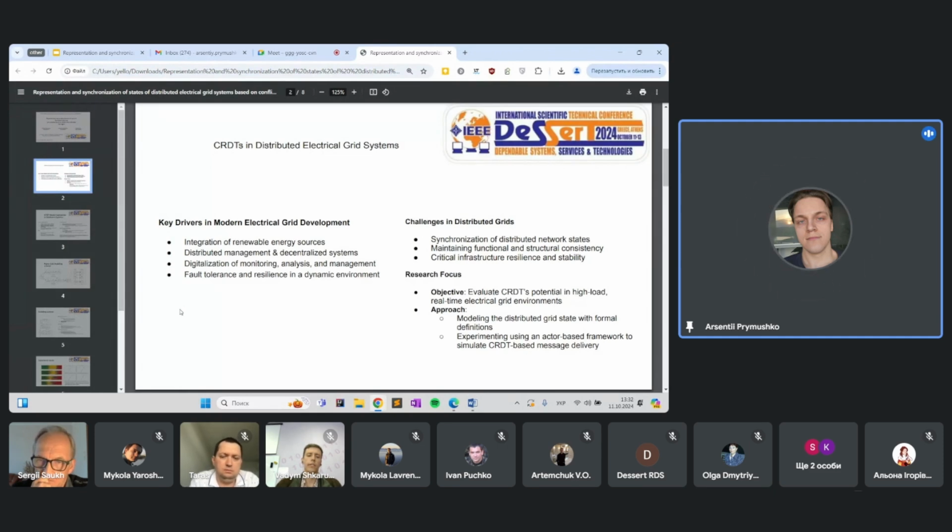So in distributed grids, we have several challenges. The first and the biggest one is synchronization of distributed network states, because we need to operate on these states and to perform some management processes.